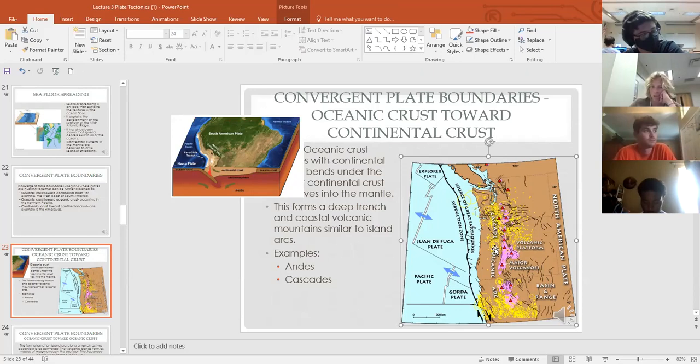So again, another subduction zone is here. Now, an interesting thing is here the California current's running by and the westerly winds blow off here, so they become moisture laden and they get uplifted right here.